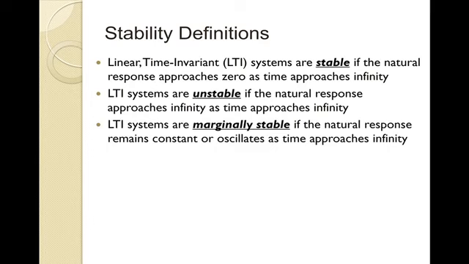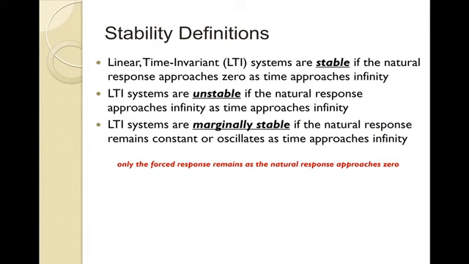We might also say that a system is marginally stable, and that is defined as if the natural response remains constant, or if it oscillates as time approaches infinity. We'll talk about that as a special case. The highlight of this, shown here in red, is that in the definitions of stability, we're really talking about natural response.